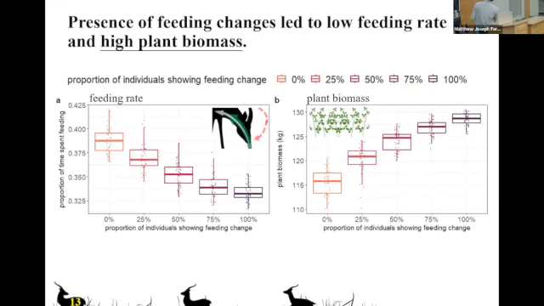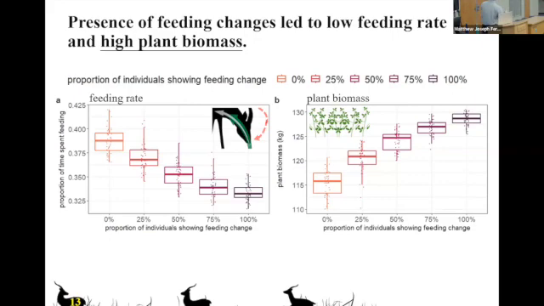So X is the 0% ranging to 100%. On the left is feeding rate. We can see that with the presence of feeding changes, the overall feeding rate decreased, because most of the time the feeding changes were negative.